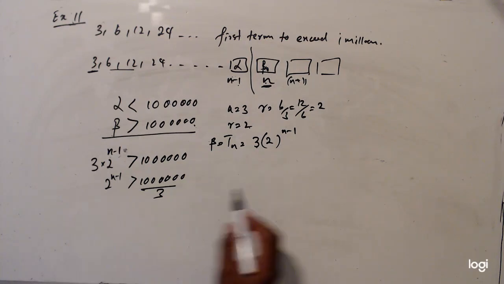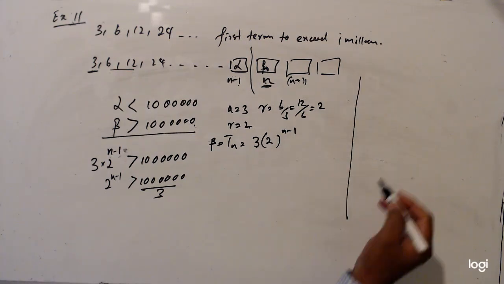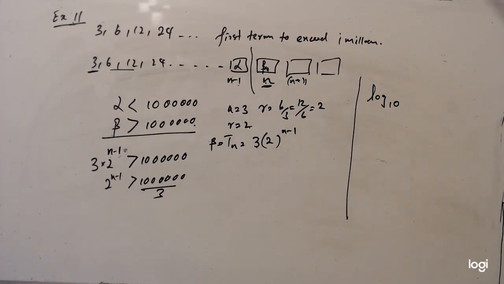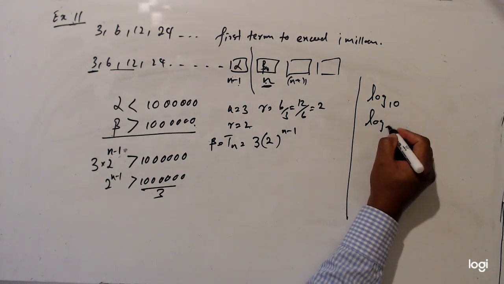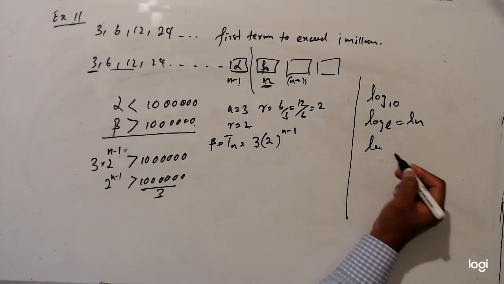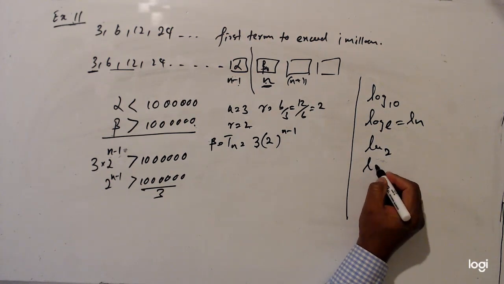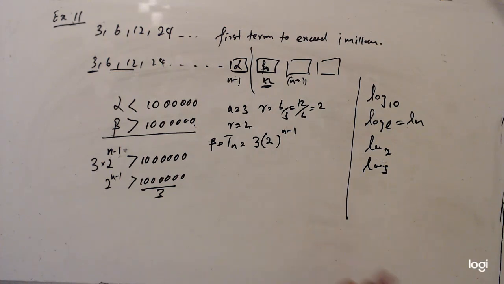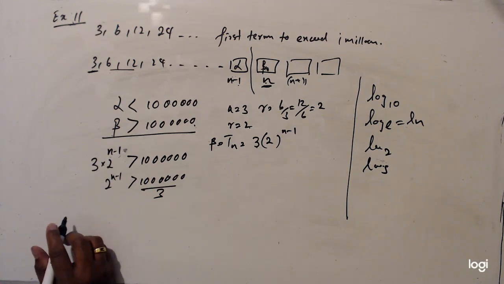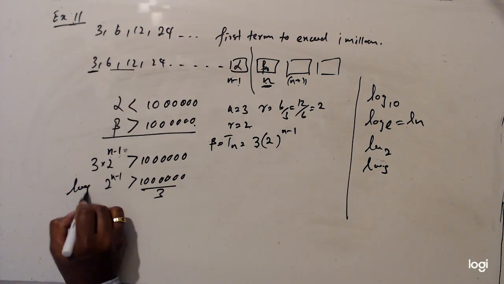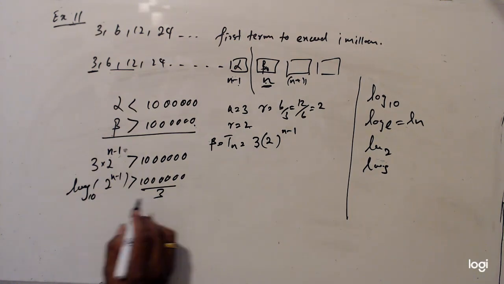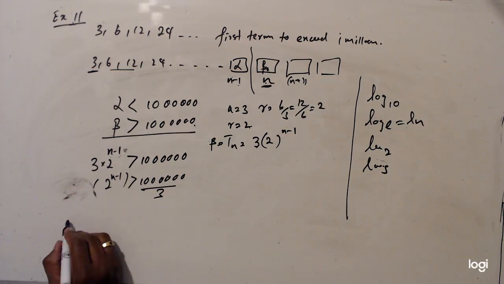You can introduce any base basically. Log usually, if you don't write anything, means base 10, or you can use log to the base e, which is ln, or log base 2 or log base 5 or any base. But okay, I will stay with log base 10.